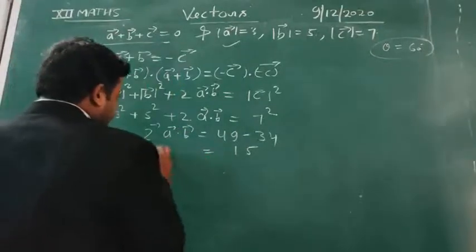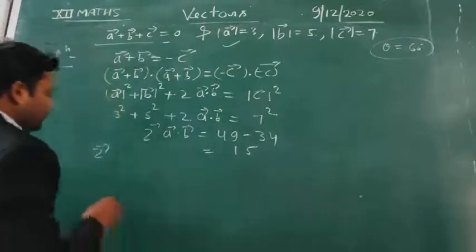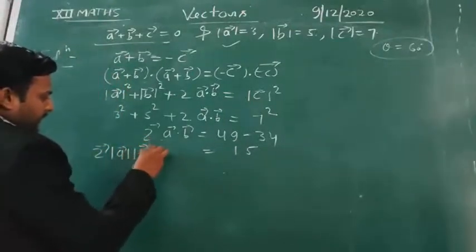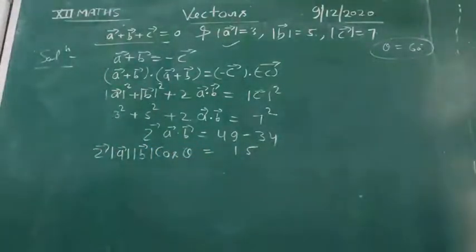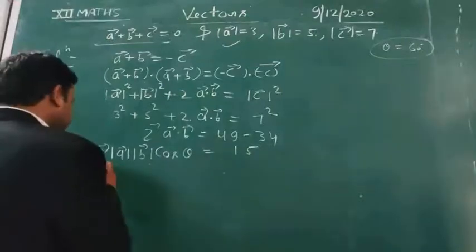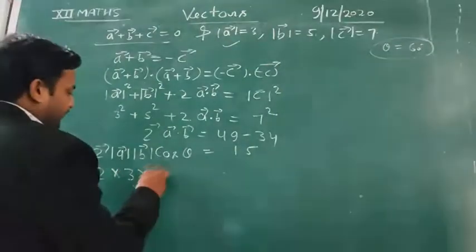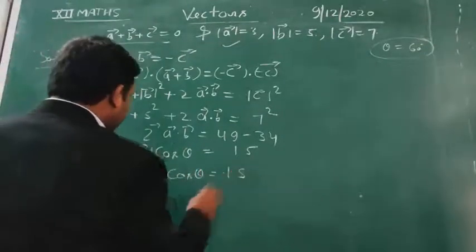Now A dot B is what? Magnitude of A, magnitude of B, cos theta. Okay, student. Now this magnitude of A is 3, magnitude of B is 5, and this is cos theta, which is 15.